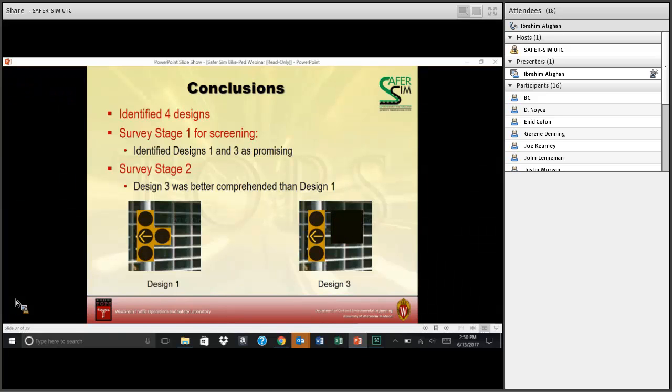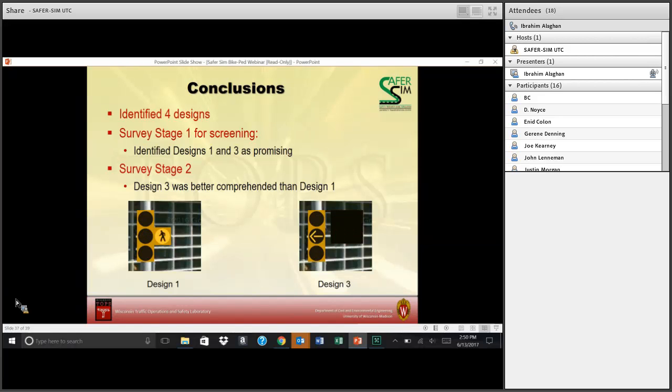What we have done, we identified 4 designs, and from the survey stage 1 for screening tools, we found design 1 and 3, which you can see here again, the most promising designs.